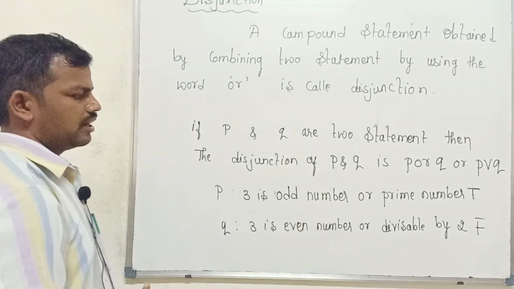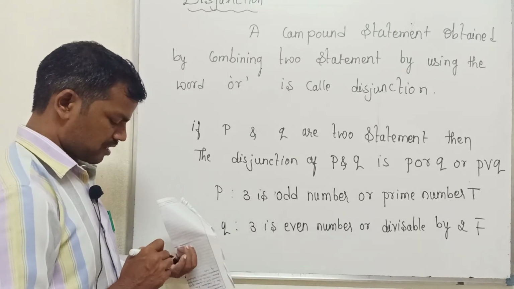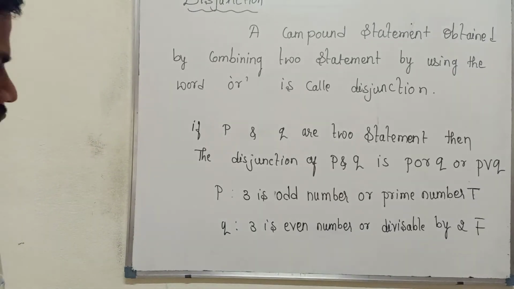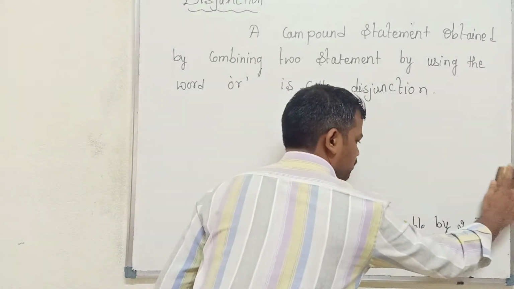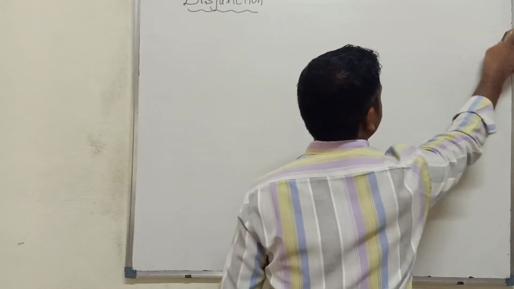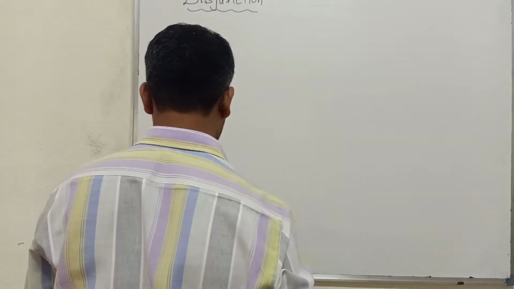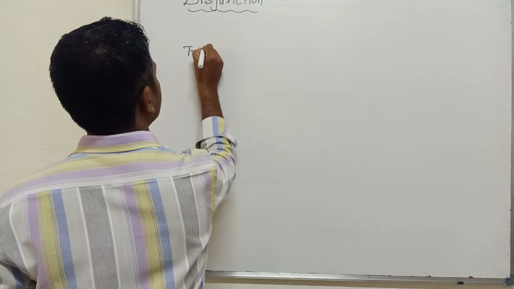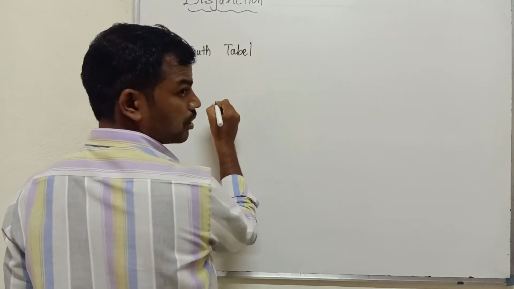So like this, let us understand the truth table of this compound statement, that is, the disjunction. Truth table.